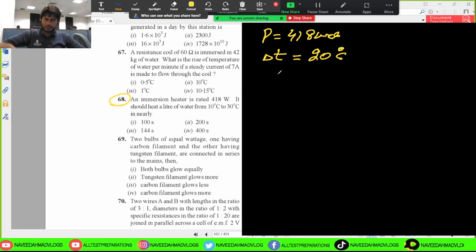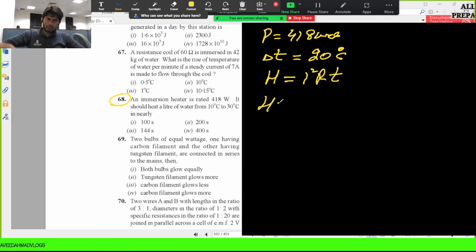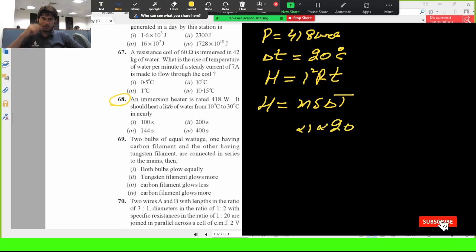As we know that H is equal to P t, and also H is equal to m c delta T. So delta T is 20, s is 1, and mass is 1 liter of water.